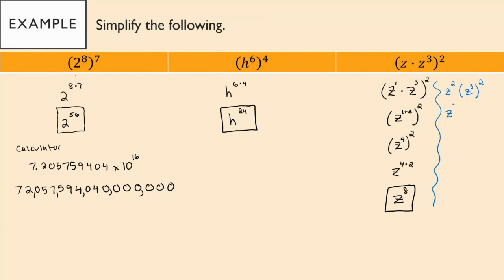So I have my z squared, and then I'd have my z with the 3 and then the square, you multiply those using the previous rule, 3 times 2. So that would give us z squared times z to the 6th. And then you can add them, 2 plus 6, because they're multiplied, and you get the same answer, z to the 8.